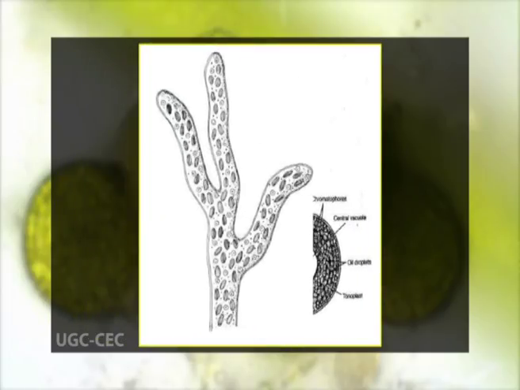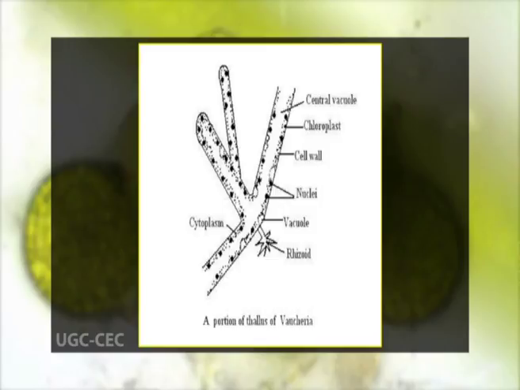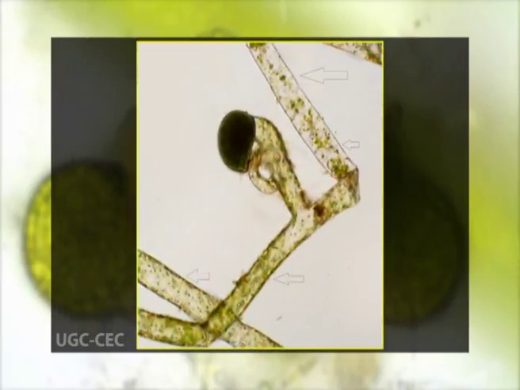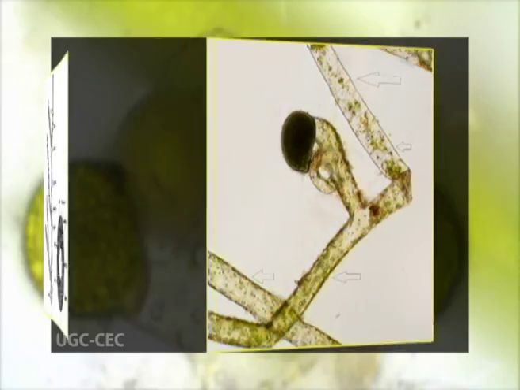Every filament is aseptate, but septa or cross walls are formed at the time of formation of reproductive structures or at the site of injury. However, in some species, the filaments are septate, having cross walls, and therefore cells are present.